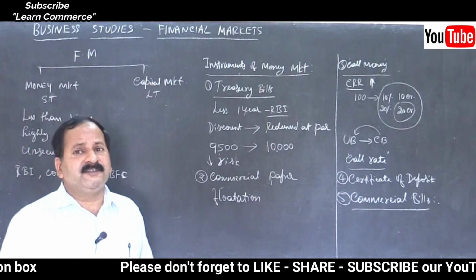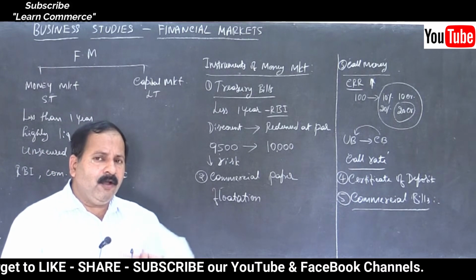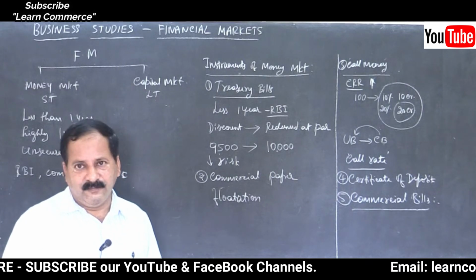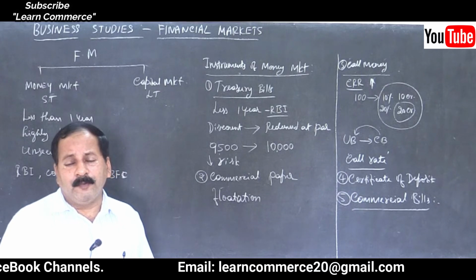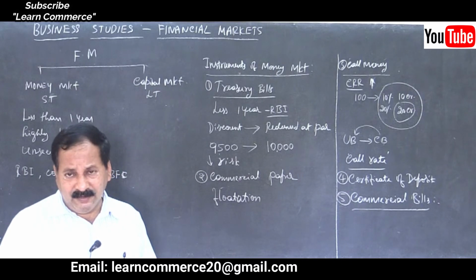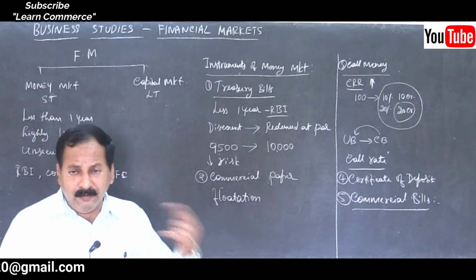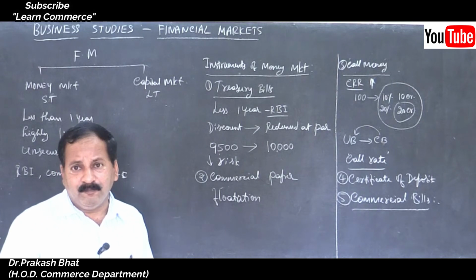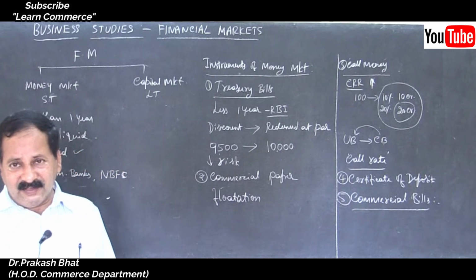Whenever there is a credit sale, the seller will draw a bill on the buyer, whether the buyer is an individual or corporate entity, doesn't matter. But the bill will be drawn and it will be accepted by the buyer, and it will be shown as debtor, an asset in the balance sheet.